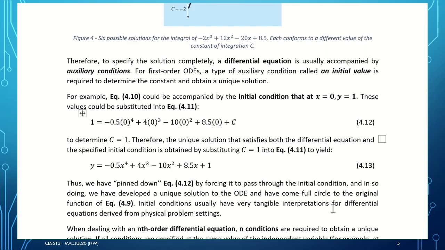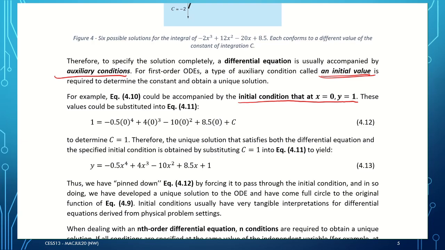Therefore, to specify a solution completely for one particular ordinary differential equation, it is usually accompanied by an auxiliary condition. For a first order ODE, the type of auxiliary condition is named the initial value. It is required to determine the constant and obtain a unique solution. So in equation 4.10, that differential equation is accompanied by the initial condition x equal to 0 when y equal to 1.